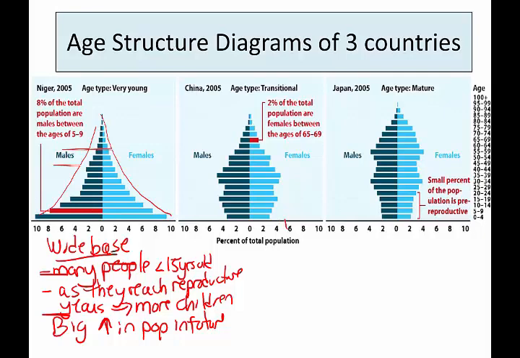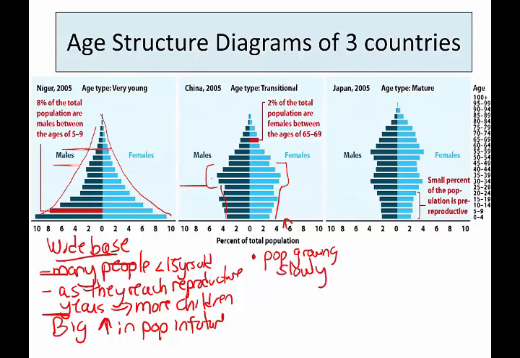On the other hand, here we can take a look at China's population, and you can see it's heavier in the middle here, and these people are no longer producing. So you do have people at the bottom, and you do have a lot of people, but the population here is growing slowly. That's what we see in that kind of diagram.